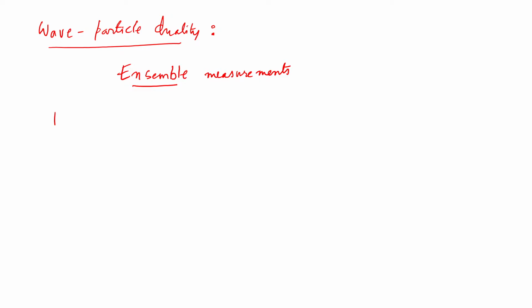So in an ensemble measurement, for example, if you were to repeat the double slit experiment with electrons, I will upload a link on Canvas where you can watch a recorded electron double slit experiment from Hitachi. It's very important that you watch this video to understand ensemble measurements. I will describe what's in the video here, but you should nevertheless watch the video.